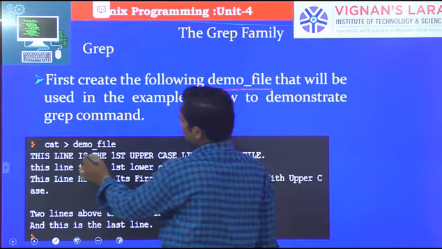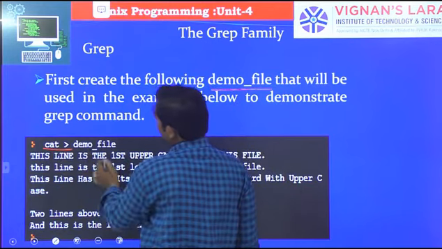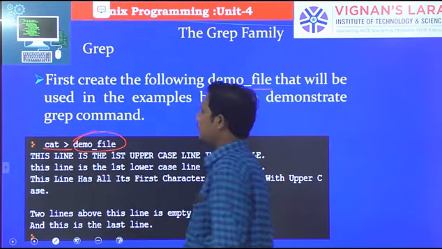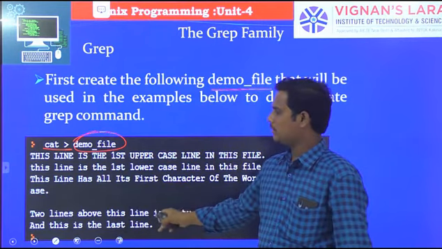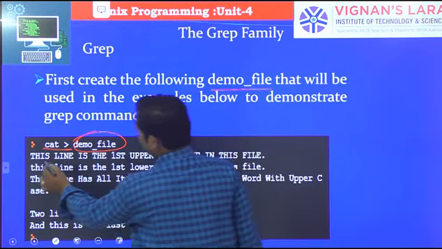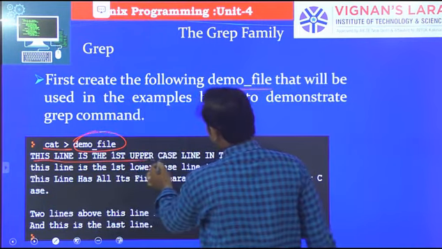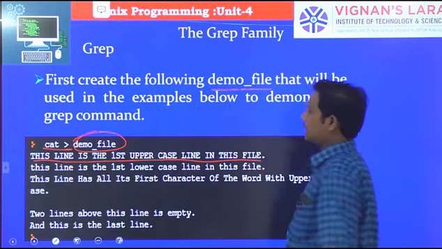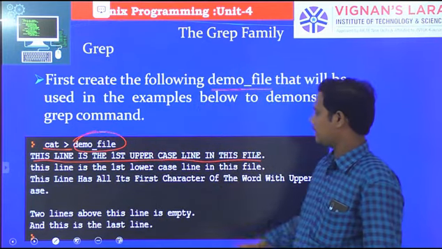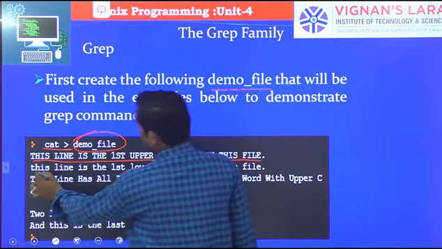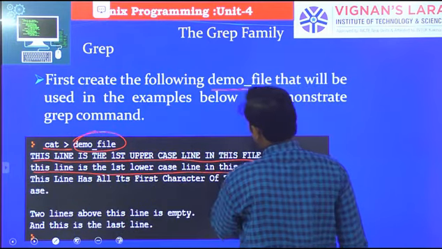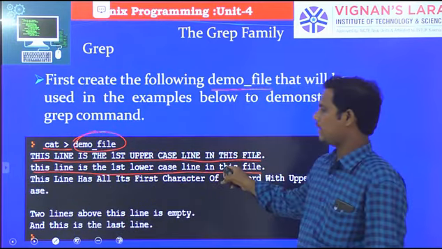So suppose I want to create a file using cat, the demo file. Okay, so these are the lines. You observe it here. The first line is all capital letters. The second line is all small letters.